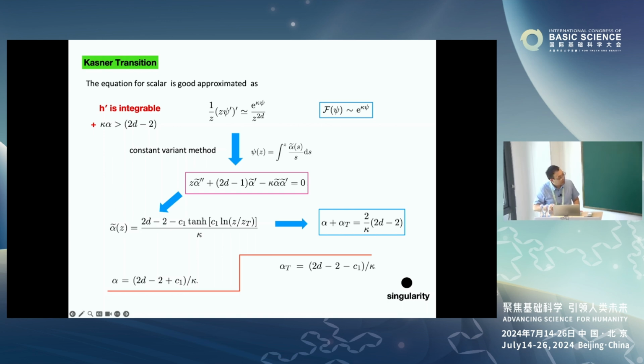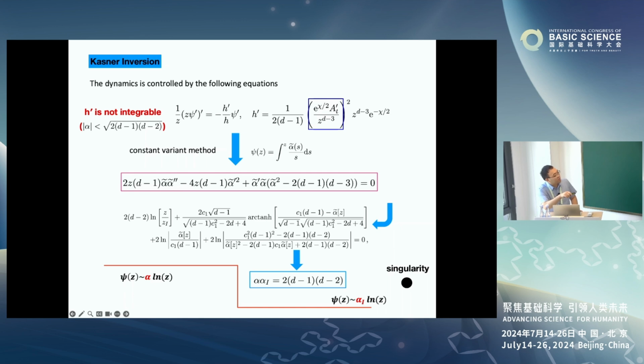Okay? And the Kasner inversion is more complicated. In that case, you should consider two coupled equations. But you can also use a similar idea here, the constant variation method. You have these complicated equations. This equation, in some sense, can be solved analytically, but not in explicit form. It's like this kind of computation. We also have some arctangent.